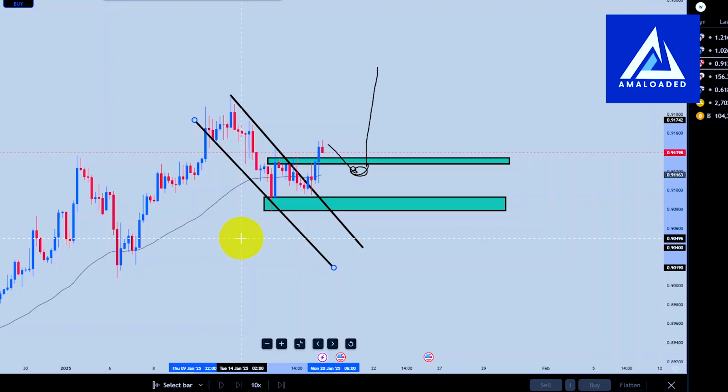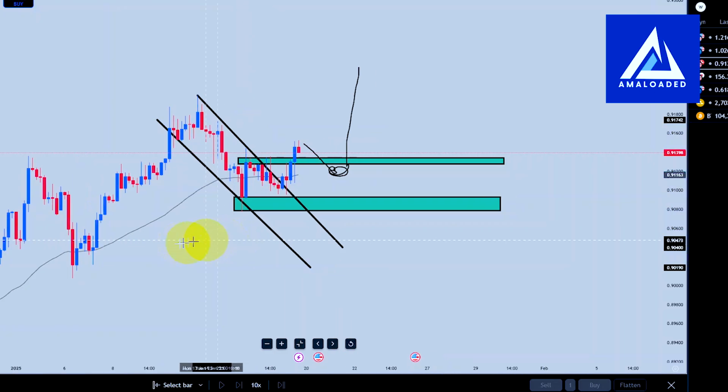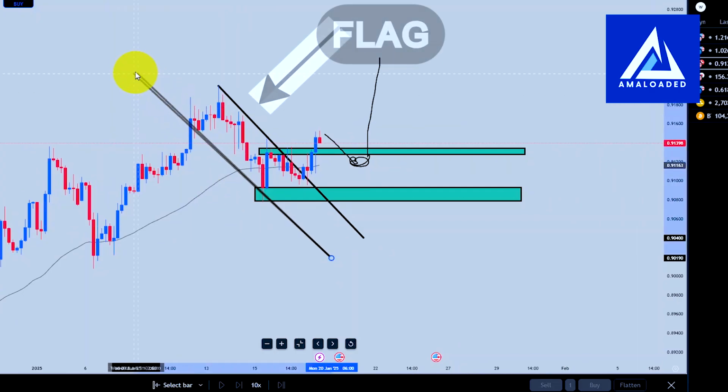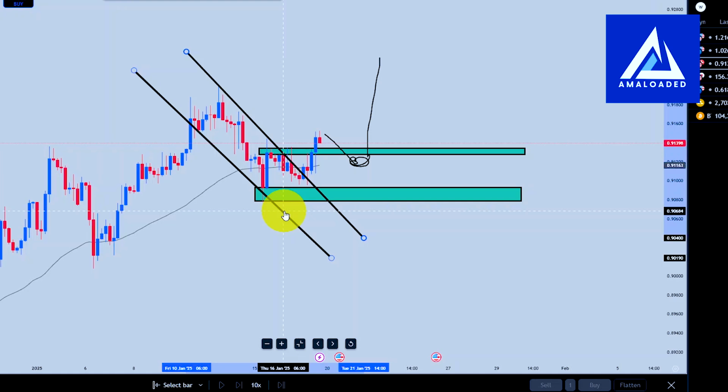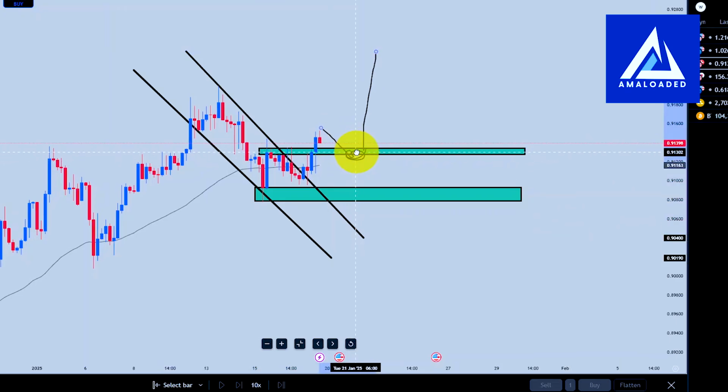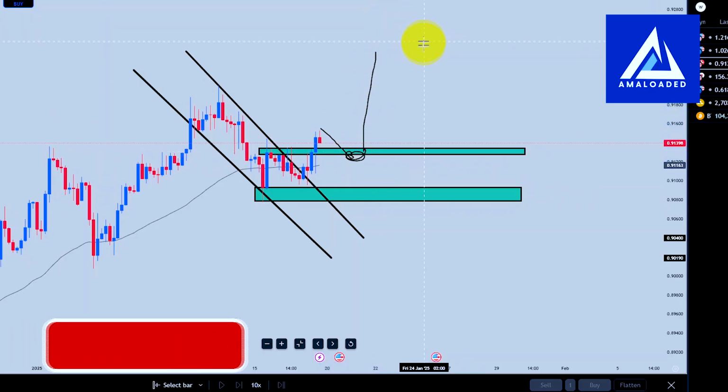Another factor that we can also use to validate the buyers are the ones in charge of the market is that there is a formation of a flag here, that is a bearish continuation pattern. And bearish flag pattern represents the continuation of bullish markets. So throughout this week on USD CHF, we want to take only buy setups. We want the price action to retest this support zone so that we can take a buy opportunity to the upper side.